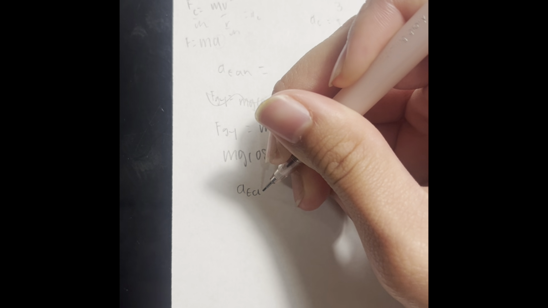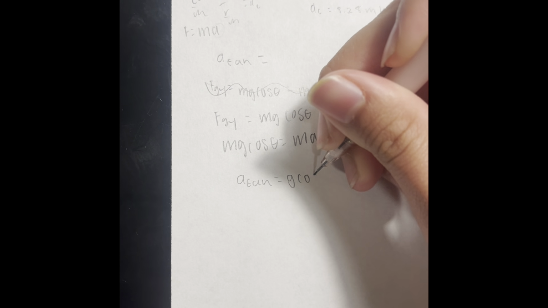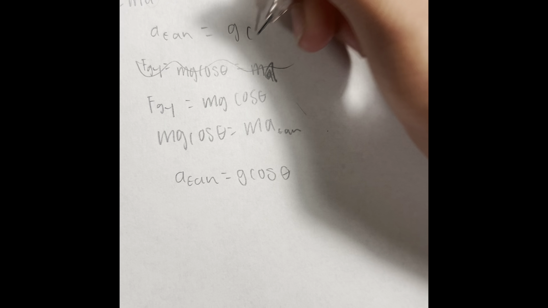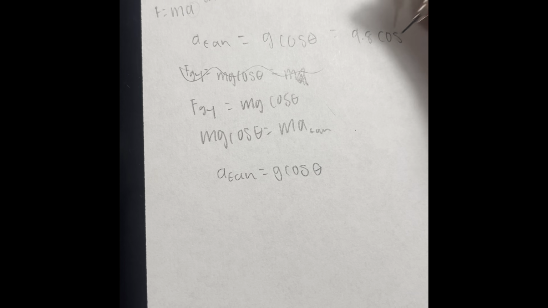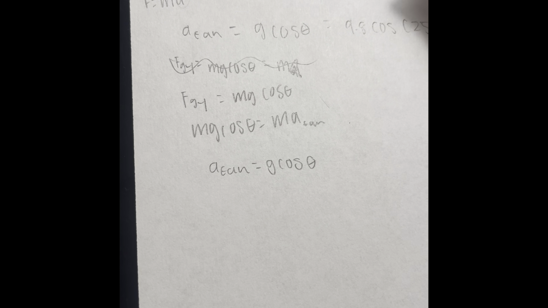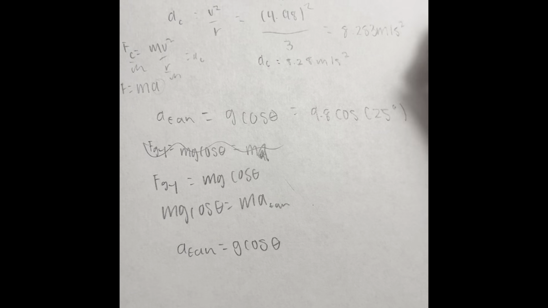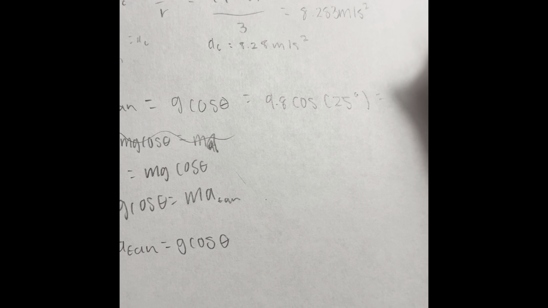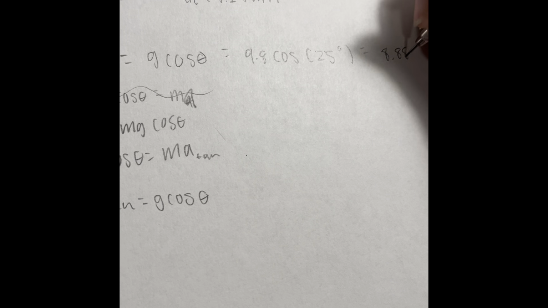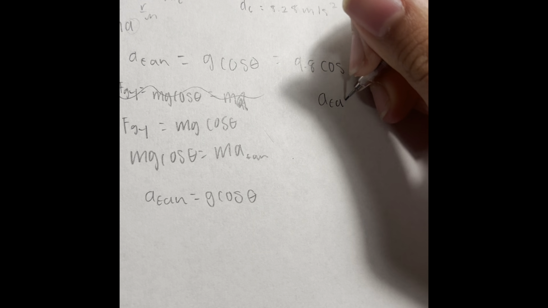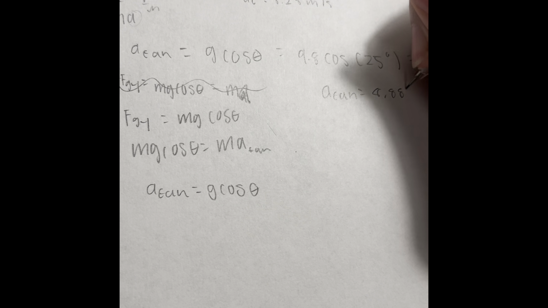So a tan is equal to g cos theta, which is equal to 9.8 cos 25 degrees. And that makes a tan equal to 8.881 meters per second squared.